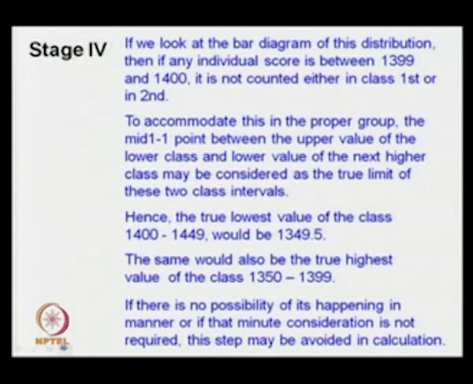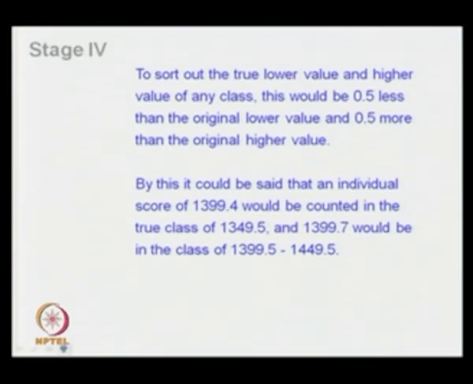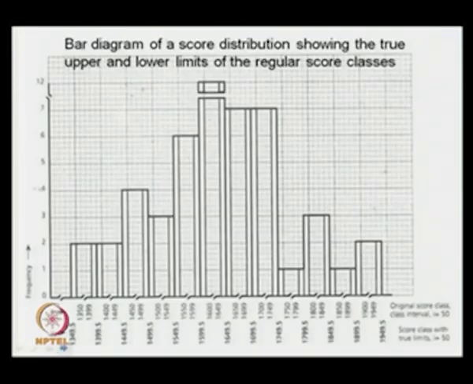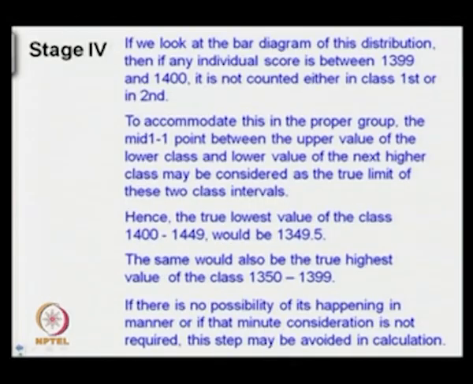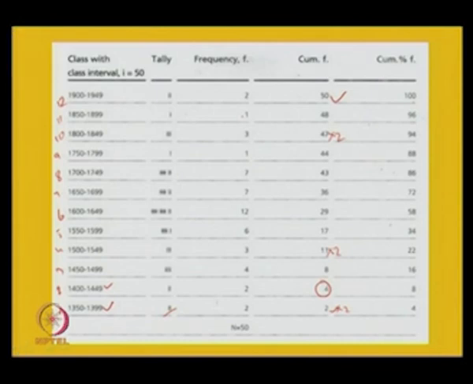Now, if we look at the bar diagram next, these are the examples. If we see the bar diagram here, what does it say? Our class intervals were 1350 to 1399, next class interval was 1400 to 1449, like that.